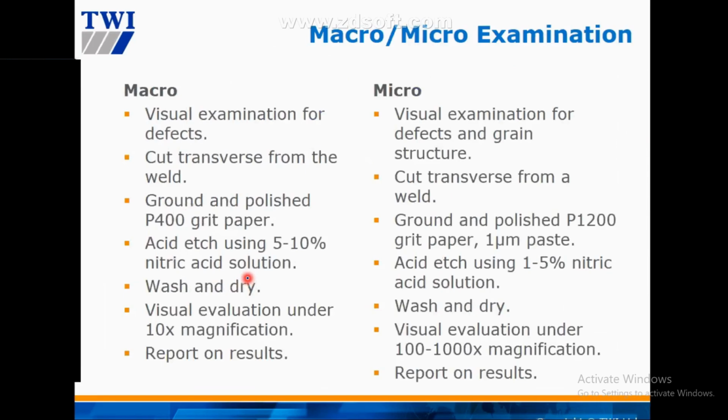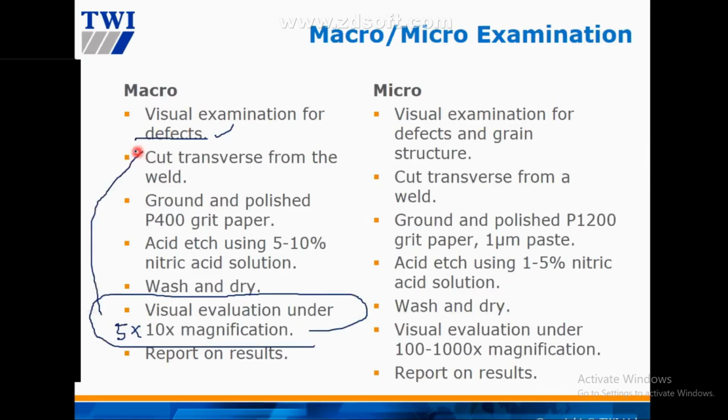All right. What's the difference between macro and micro? Macro is only looking for defects. Why? Because our magnification can be 5 times up to 10 times, so that's why we look for defects only. But in micro, you look for defects and grain structure. Why grain structure?